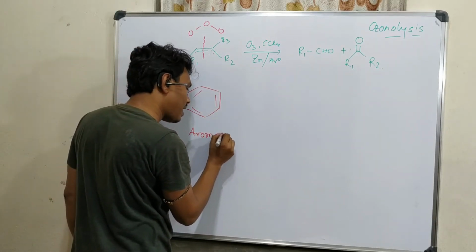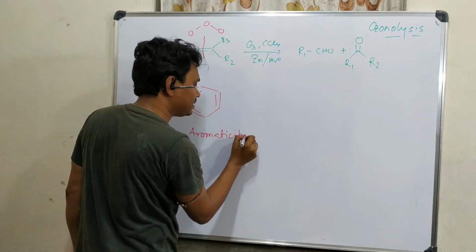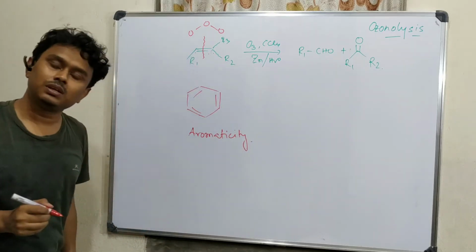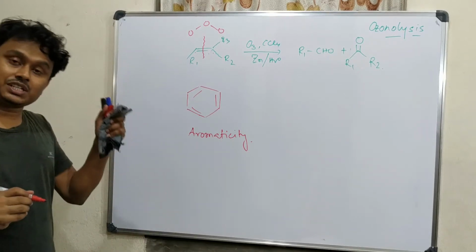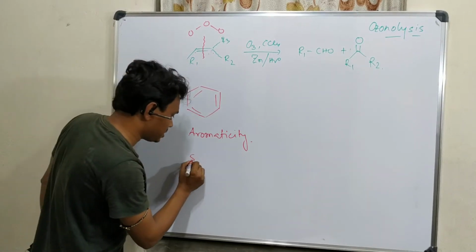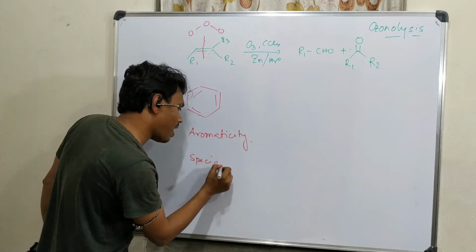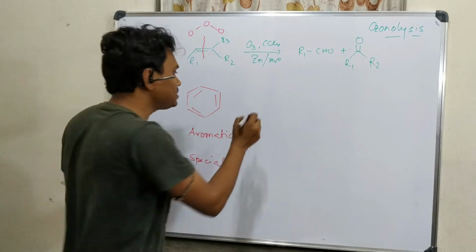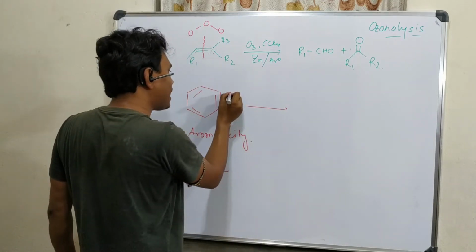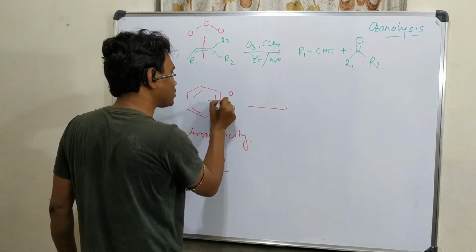It has aromaticity, and that is why it is stable and reluctant to react. But under special conditions, that is high temperature, it reacts with ozone. So how to draw this using the trick? You have to write here 2 oxygens.